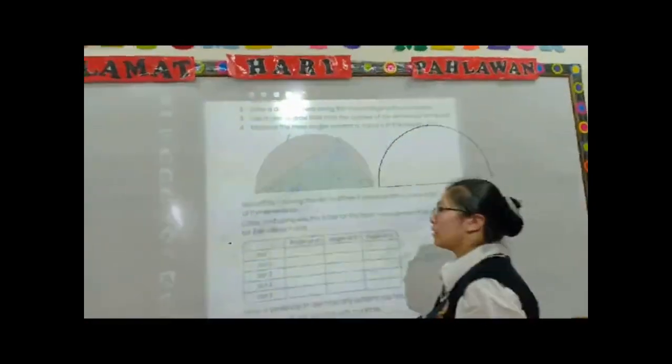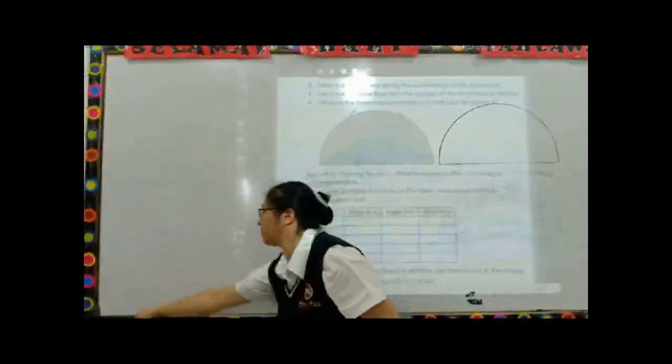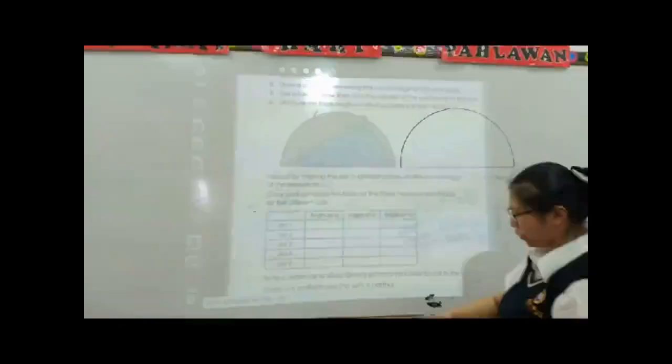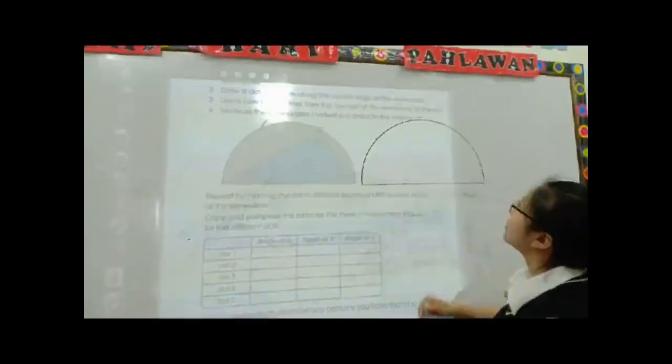You have to do five experiments. For the first one, you can put the dot anywhere on the semicircle, maybe over here.